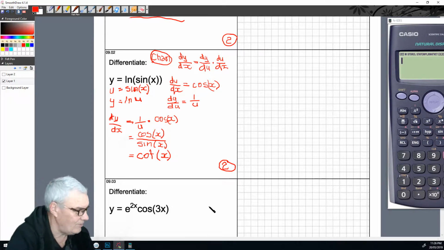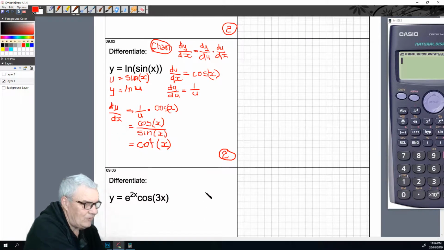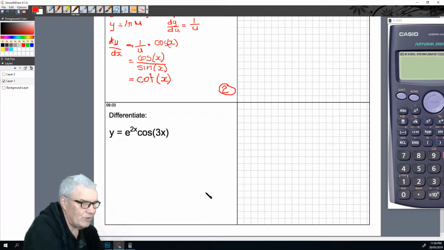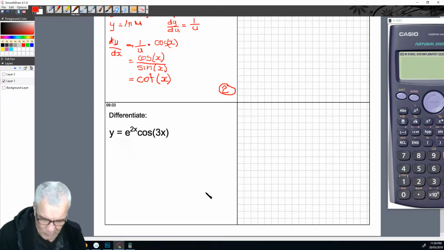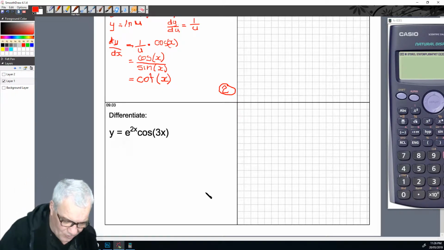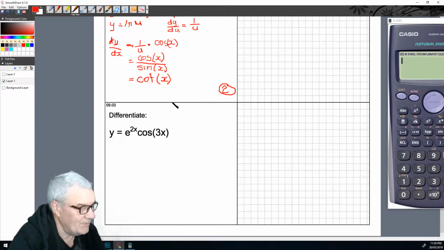Okay, now on to number 3. And what have we got here? Right, well, this looks very much like the product rule. So this is the product rule.